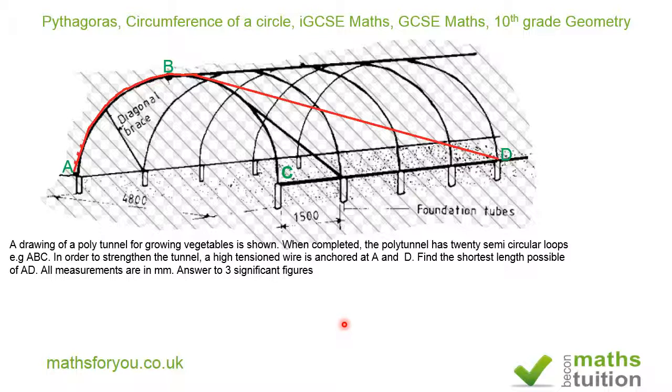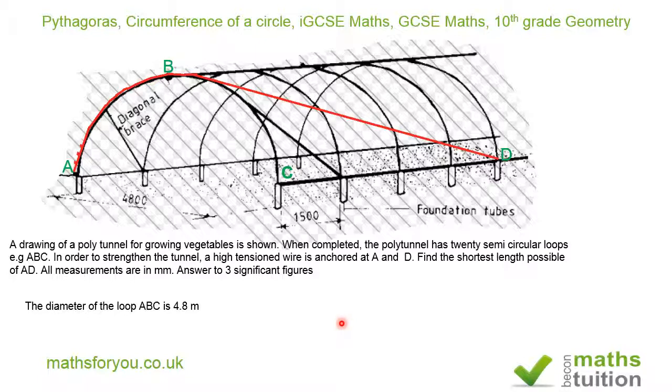To do that, first we need to find the circumference of the loop ABC, for instance. The diameter is 4.8 meters, because if we divide 4,800 by 1,000, you get 4.8 meters.